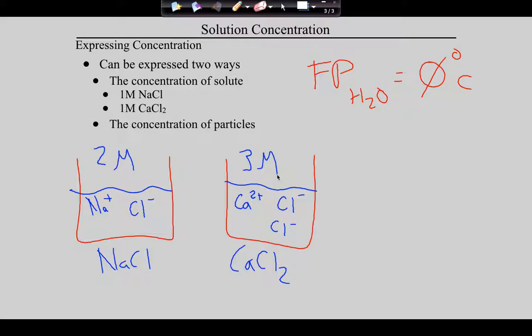Guys, the idea is that when these solutes go into water, they completely break apart into their ions. And because calcium chloride is CaCl2, that solution is actually more concentrated in particles than the one on the left.